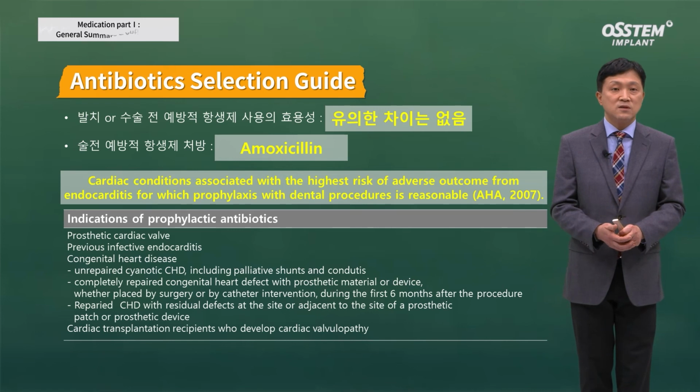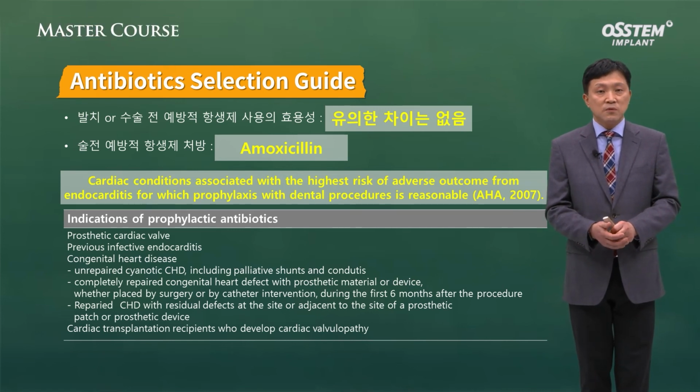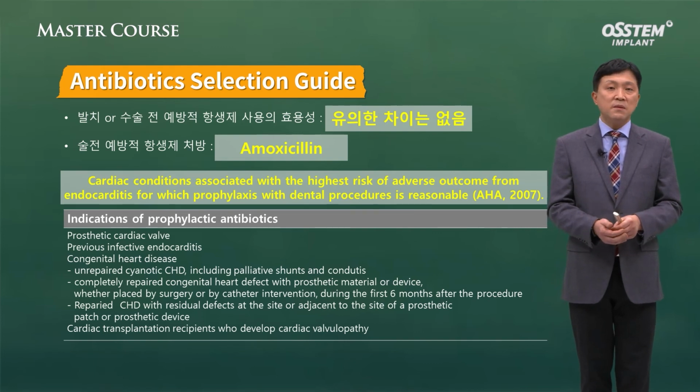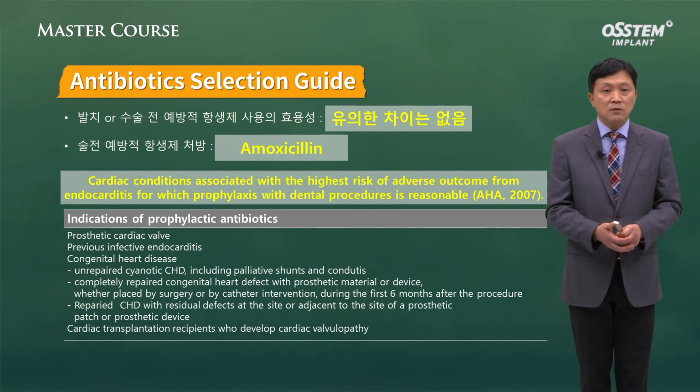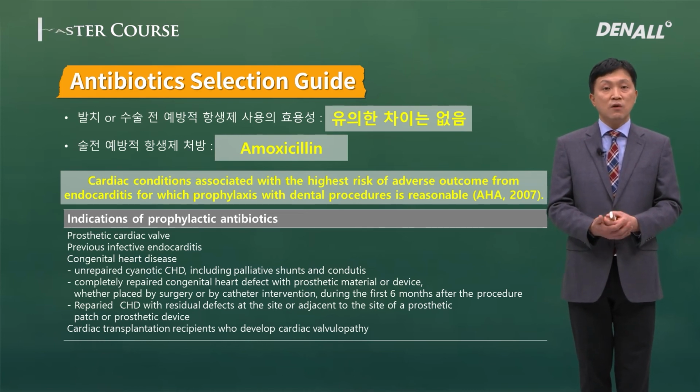Indications of prophylactic antibiotics: prosthetic cardiac valve, previous infective endocarditis, congenital heart disease, and cardiac transplantation recipients. Patients with such conditions need to receive prophylactic antibiotics.